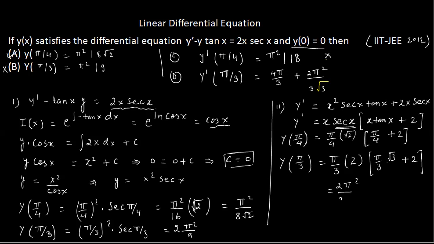Otherwise, this becomes 3 root 3 plus 4 pi over 3. So we conclude that the fourth option is also correct. So basically in this question, option A and option D are correct, and option B and option C are incorrect.